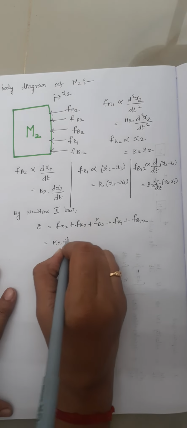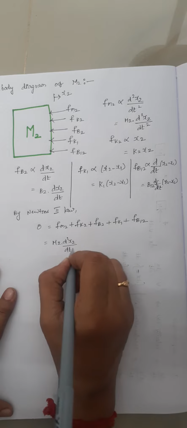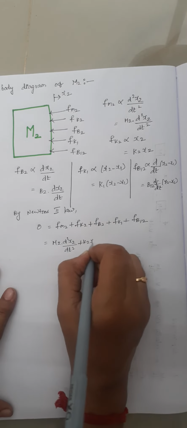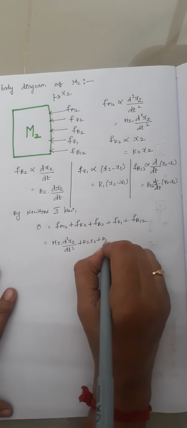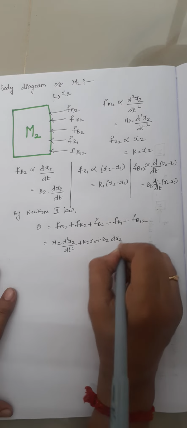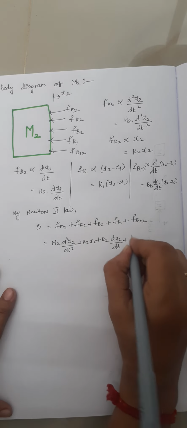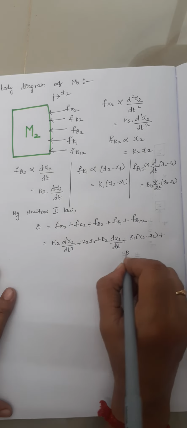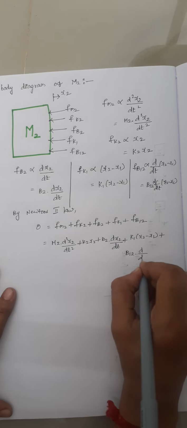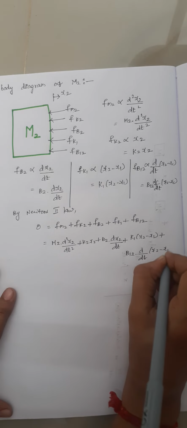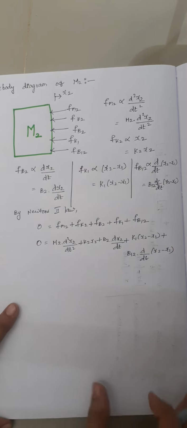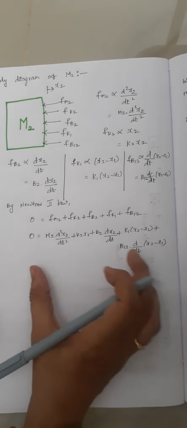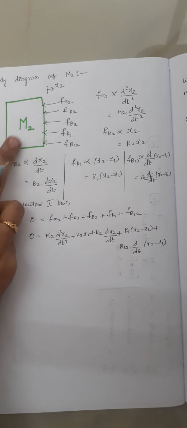Here you will be having m2 into d square x2 by dt square plus k2 x2 plus b2 into dx2 by dt plus Fk1 is k1 into x2 minus x1 plus finally b12 into d by dt of x2 minus x1. Right. This is our respective differential equation for your mass m2.